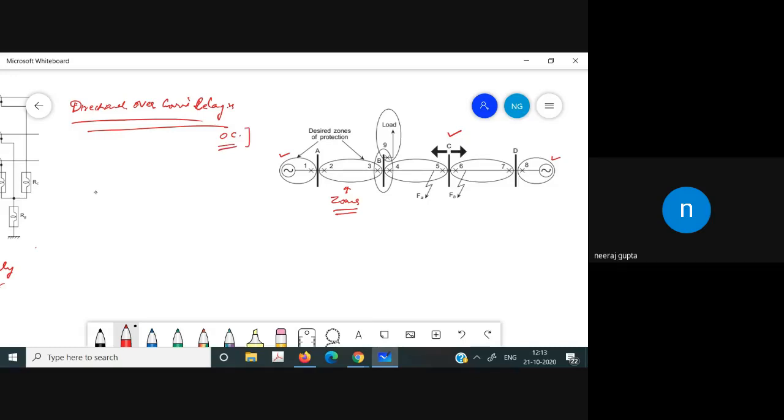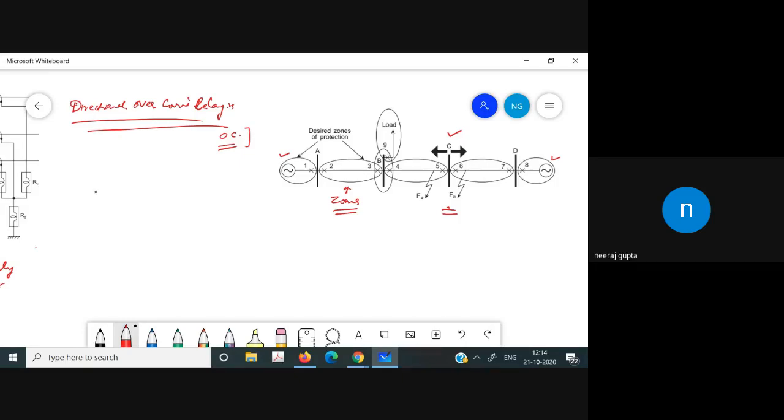We have to verify that, and if it will not, then definitely we will use some improvements in the overcurrent relay so that the desired zones can be generated. Now let us consider that we have the overcurrent relay at the bus C. An overcurrent relay operates on the magnitude of the fault current and cannot sense the direction.